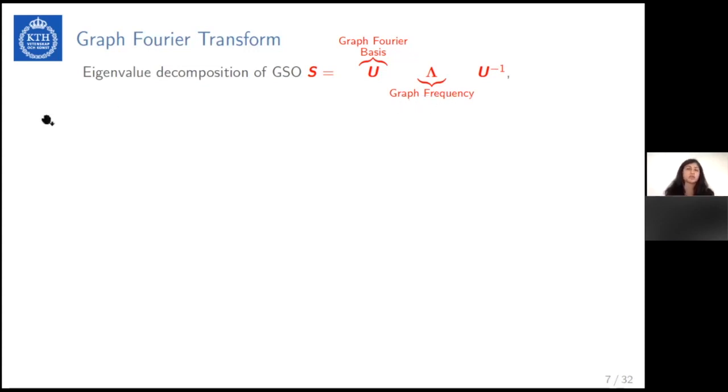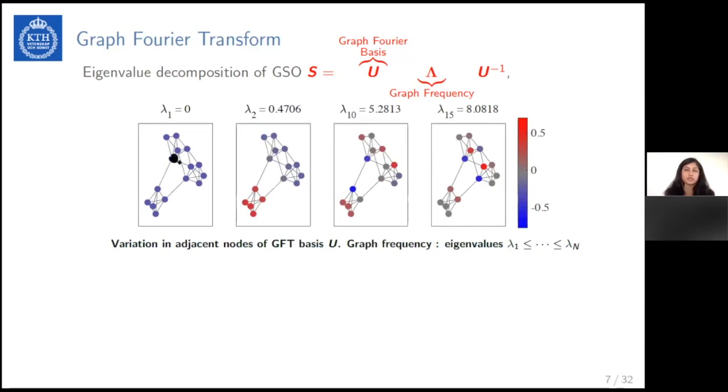Now, what is this supposed to signify? Here is a small figure where I'm plotting the values of the adjacent nodes in the GFT basis corresponding to different eigenvalues. So the larger the eigenvalue, the more is the variation in adjacent nodes.